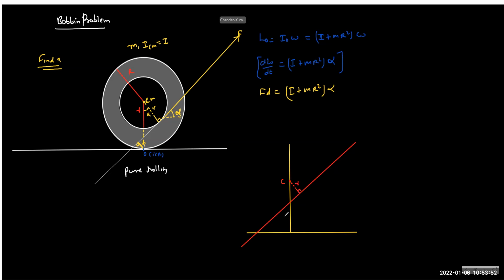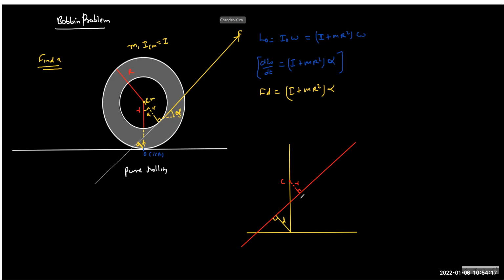This is R. This is D. The scaling is quite different, but that's okay.